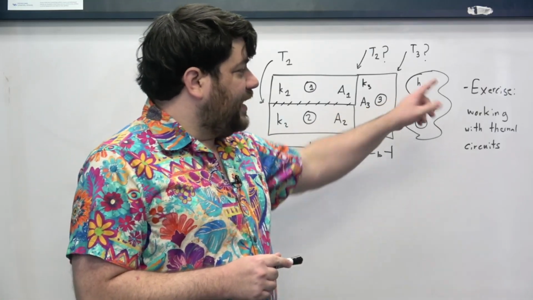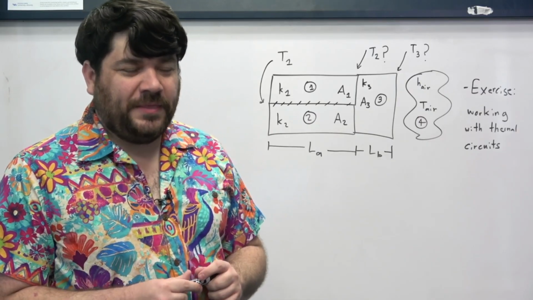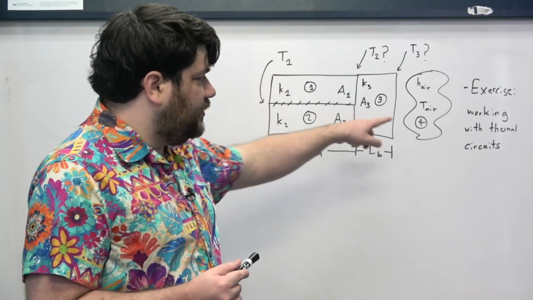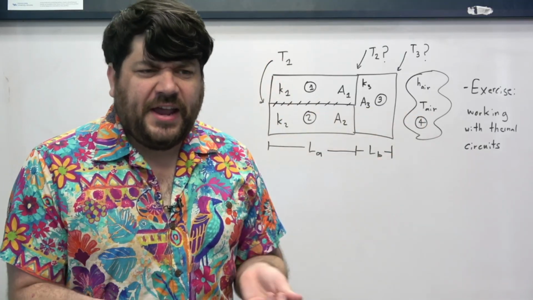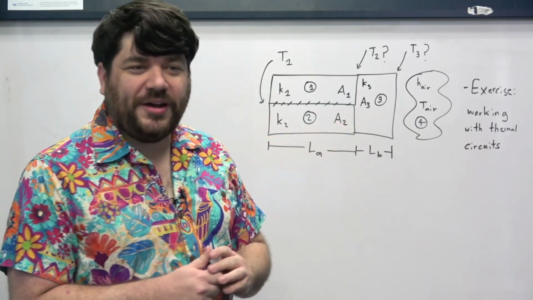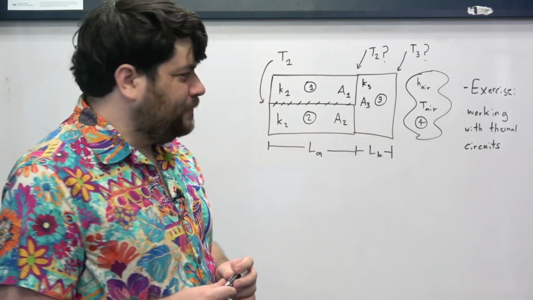which is then connected or exposed to air, right? And each of these slabs and the air itself has some particular material property, right? So each of these will have a thermal conductivity, and the air has a heat transfer coefficient.